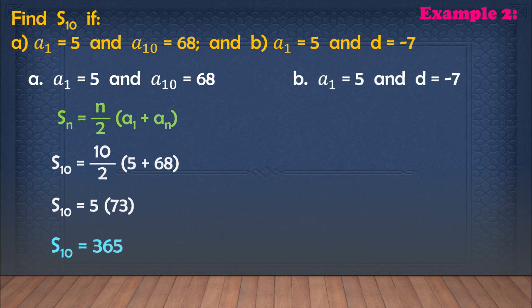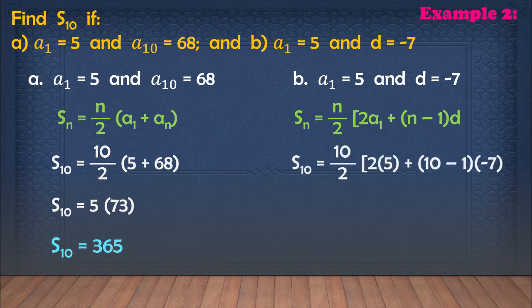Now, in letter B, since we do not know a sub n, then we use this formula: S sub n equals n over 2 times the quantity 2 times a sub 1 plus the quantity n minus 1 times d. So by substitution, we have this.